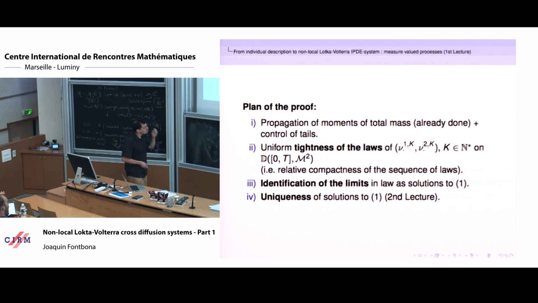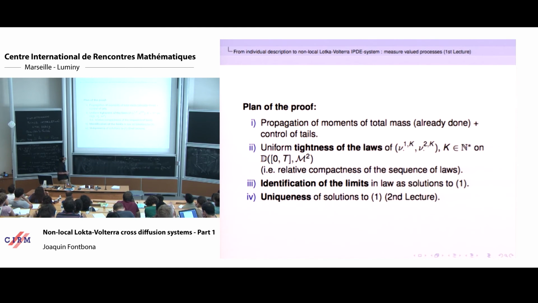I will not be able to go into much detail of how this is done, but let me just give an idea of the elements of the proofs. This is very similar to something you probably have seen if you have worked on stochastic processes.